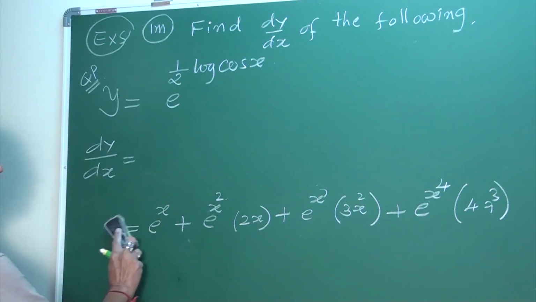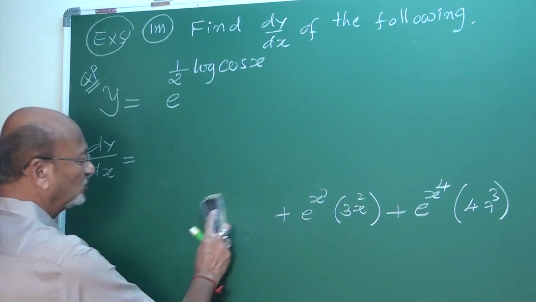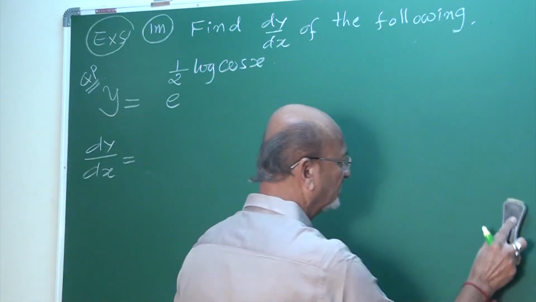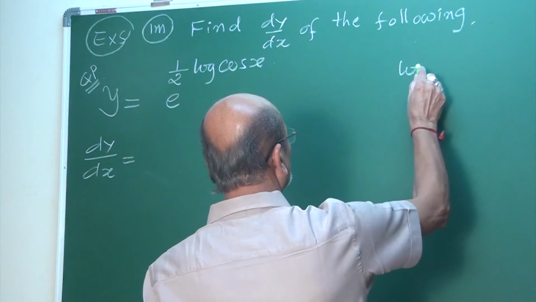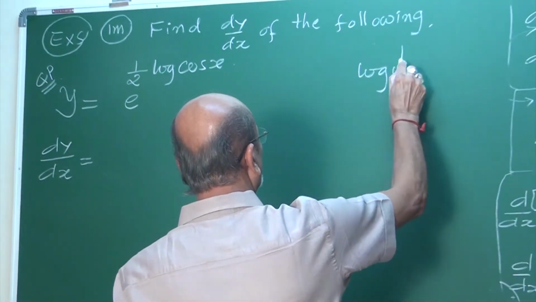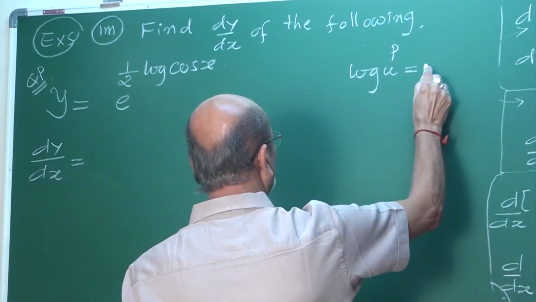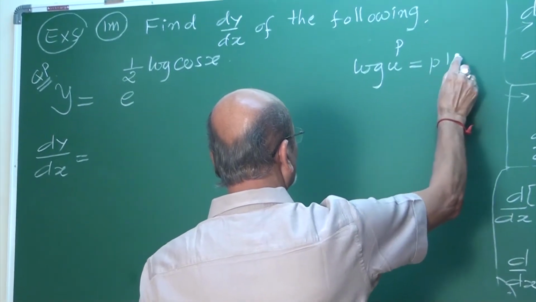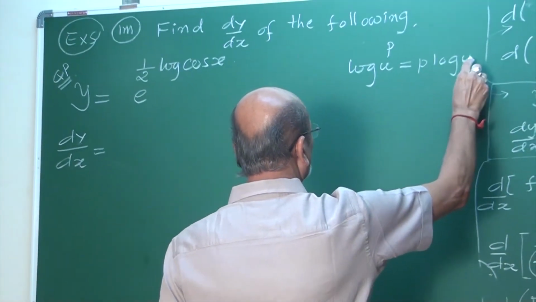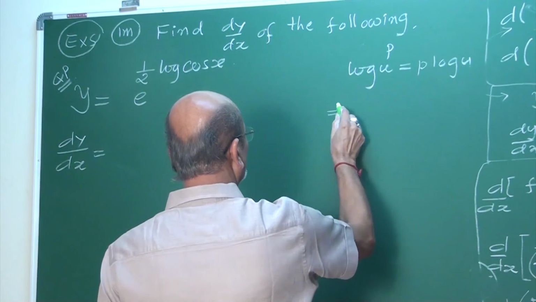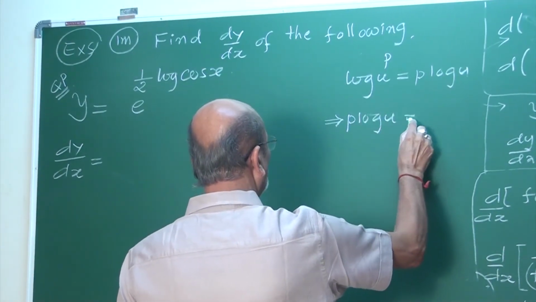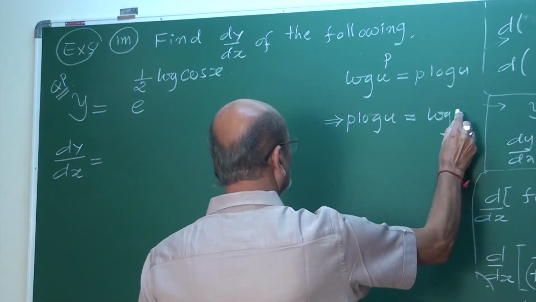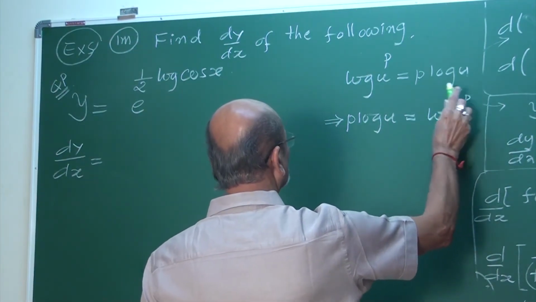See, in this case, we make use of two properties of logarithms. What is the first property? Log u to the power p. In the previous video, I just reminded this: log u to the power p can be written as p log u.